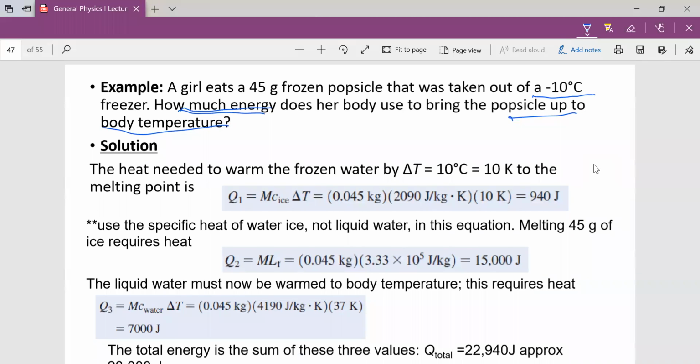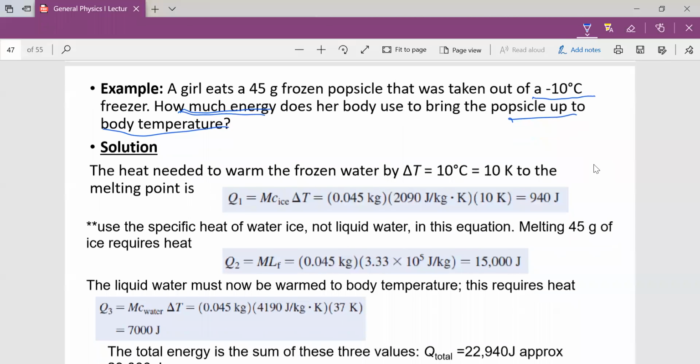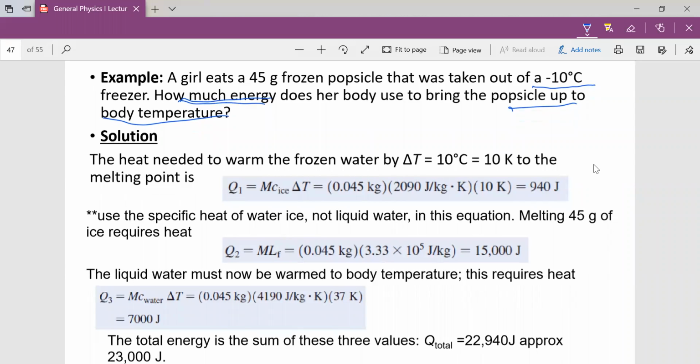And we'll have the standard value for body heat, okay, which we have seen in our previous table. We'll just be taking the values from there. If you're given such questions in an exam, the value will be provided as one of the constants on the formula sheet, okay? So you don't have to memorize them. So the solution to that, since we are asked to look for the heat, is that we first note the change, and then we notice that in the first phase, when the girl eats the ice cream, it will melt, right?